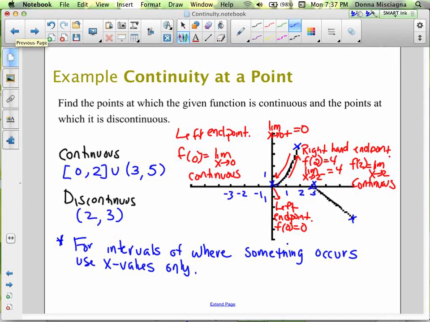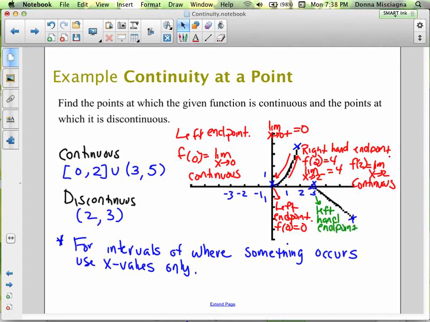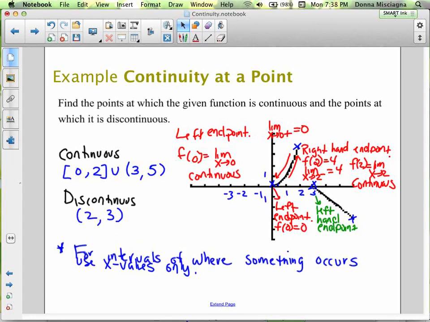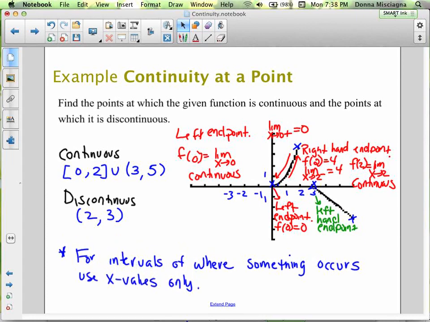And then let's look at 3. I'm going to write in another color because that's a lot of red over here. All right, so over here we have another left-hand endpoint. I could really use some more space, so this can maybe go down. There we go.